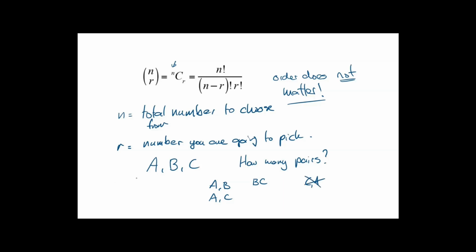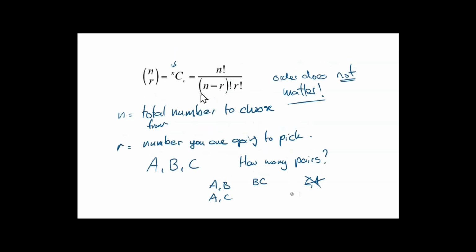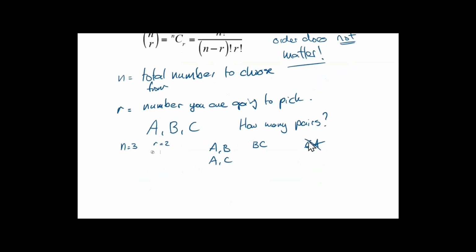Okay, let's have a look to see how that would work if we just did the algebra. We're just going to use this equation up here. So N for this would be 3, and R would be 2. This tells us that when we come to work it out, the number of pairs is going to be equal to 3 choose 2.